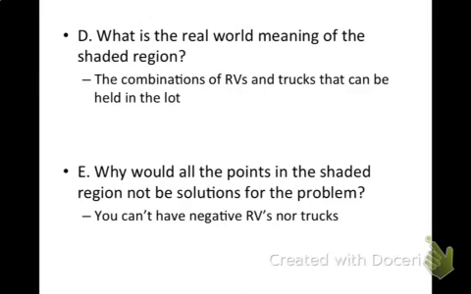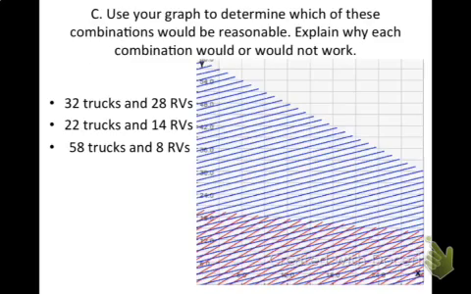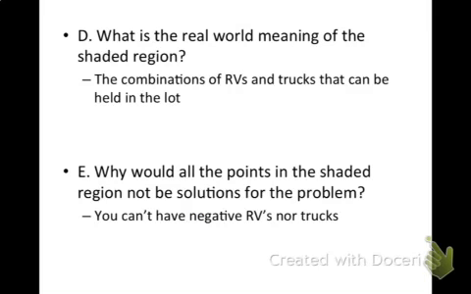All right, for the last one, it asks, what is the real world meaning of the shaded region? So if we go back, the shaded region represents the different combinations of trucks and RVs that you can have. And I wrote that as my answer right here. Okay.